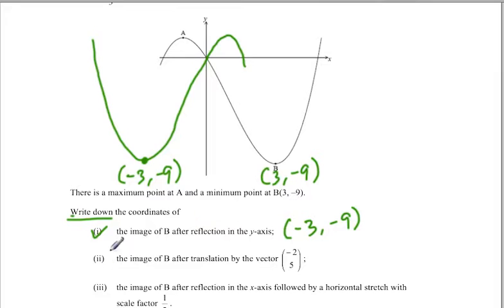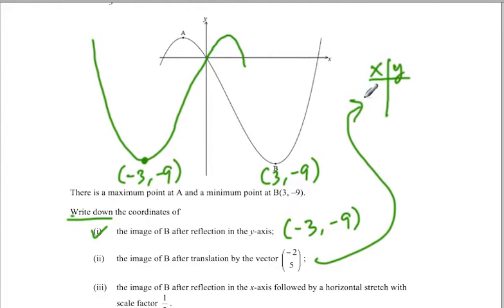Okay, so the image of b after a translation by the vector negative 2, 5. All right? So, I could draw it, but I think that will just take me some time. So what I'm going to do for this question is I'm just going to do it like the x, y as we usually do. So the point is 3, negative 9. And we can see that its x is being moved to the left by 2. So in other words, it's x minus 2.